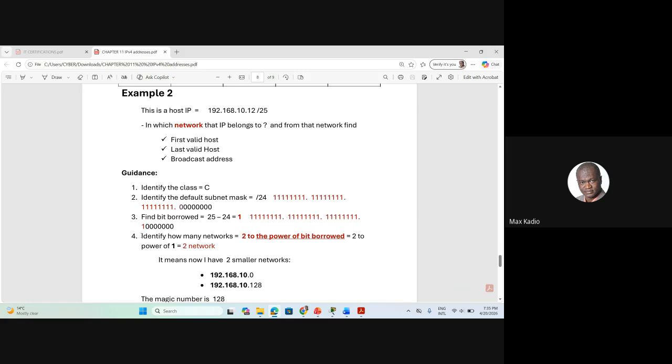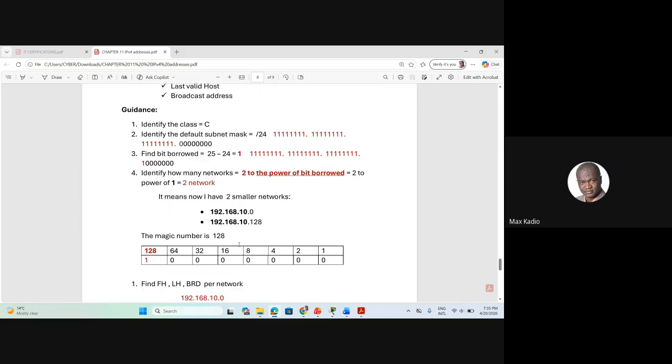Now, if you borrowed, it means you divided your big room into smaller rooms. How many networks? 2 to the power of bits borrowed, so 2 to the power of 1. So only 2 networks. To find the 2 networks, you take the first 3 octets and put them here. And always the first one starts with 0.